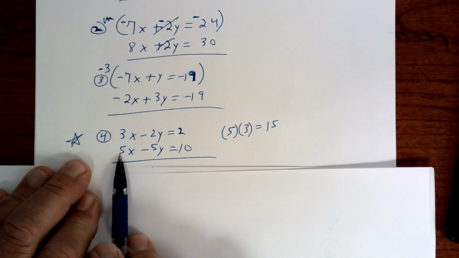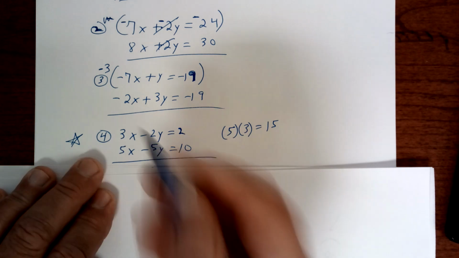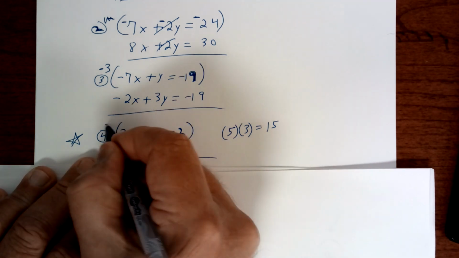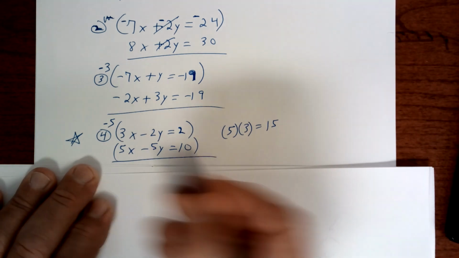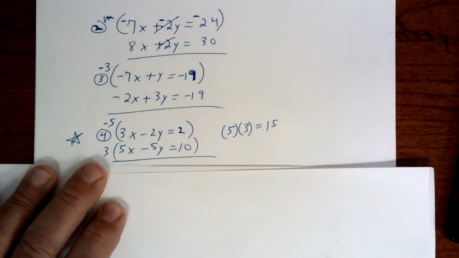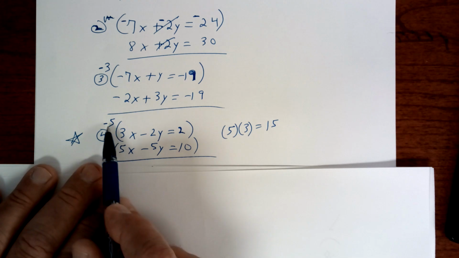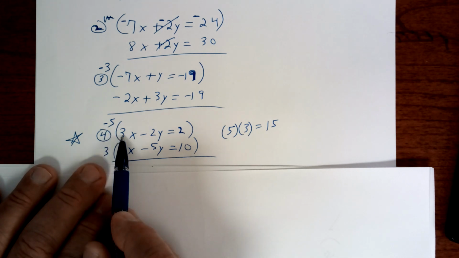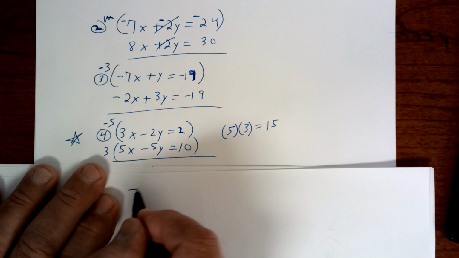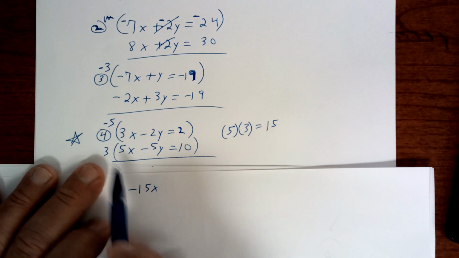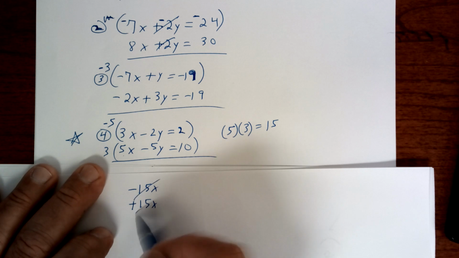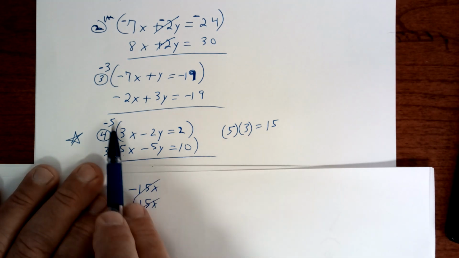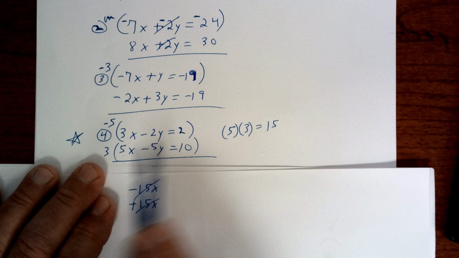Well, to make 3 a 15, you're going to multiply this one by a negative 5. And then this one, you're going to multiply by a positive 3. And you might say, why are you doing that? Well, because a negative 5 times a positive 3 is going to give you a negative 15x. And then down here, you're going to get a positive 15x. And then, therefore, your x's are going to cancel. Now, you still have to distribute this number to all of these and then work it out.